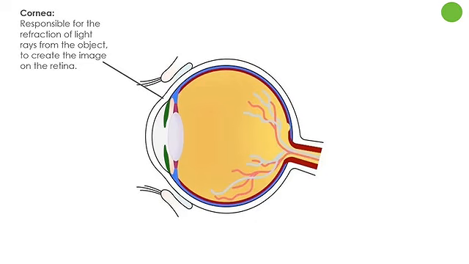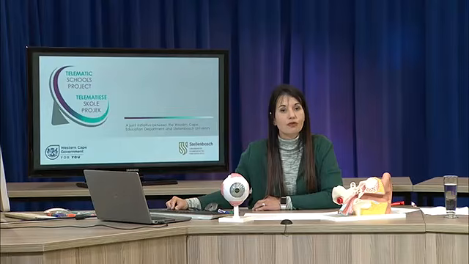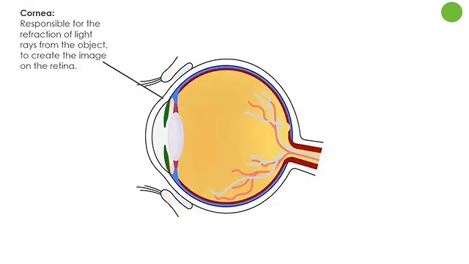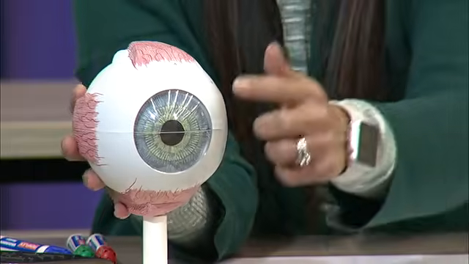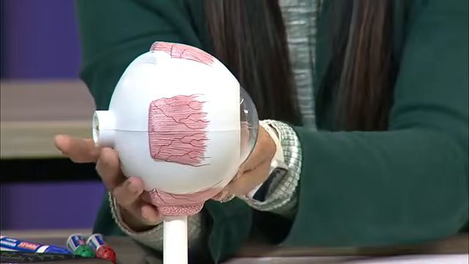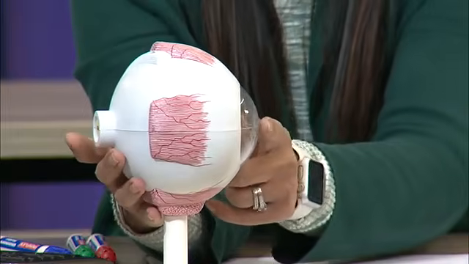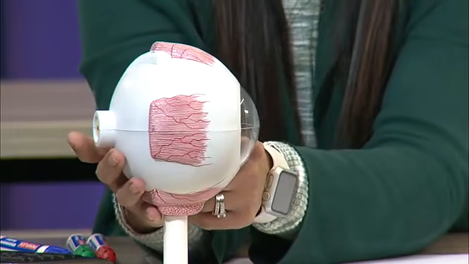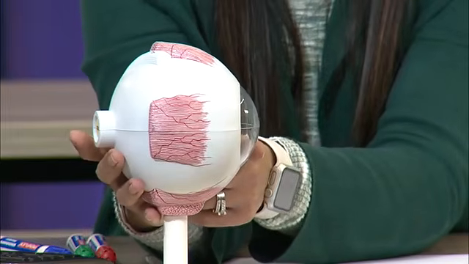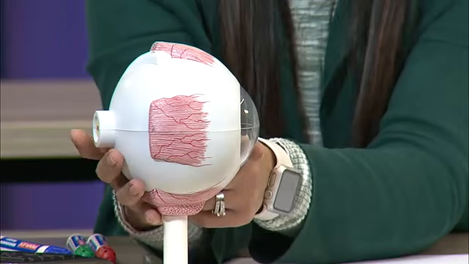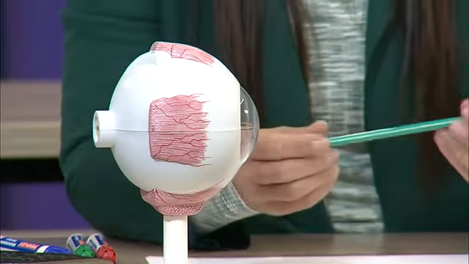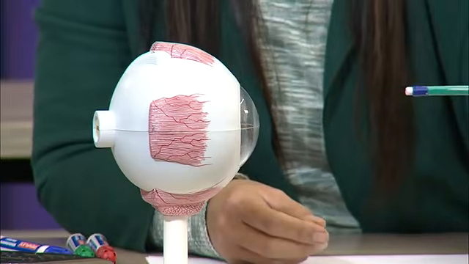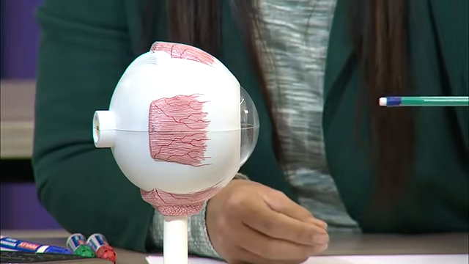Now the cornea is responsible for the refraction of light rays. So if I look at my model here in front, if I turn it to the side, I can see that this section here is the cornea, and that's the part where light rays, so if I use my pencil now, you know that light rays move in a straight line.